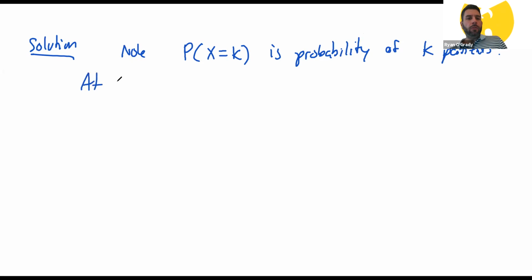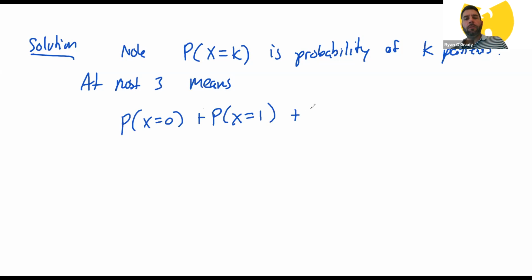So at most 3, what does that mean? Well, by our axioms that's the probability that we get 0, plus the probability that we get 1, plus the probability that we get 2, plus the probability that there are 3 patients.